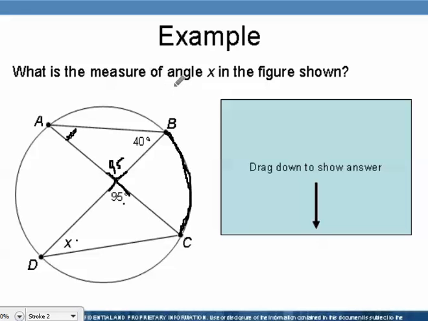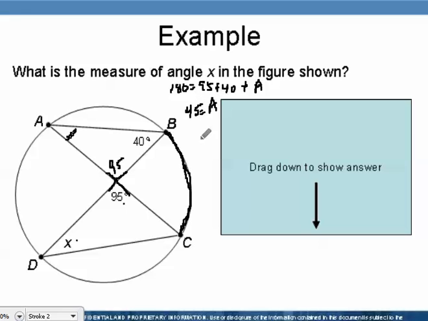So that means 180 is equal to 95 plus 40 plus the angle at A. If I add these together, I get 135, and subtract that from 180, what am I going to get? 45 degrees, aren't I?